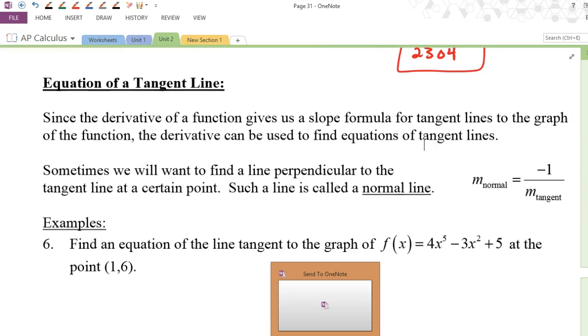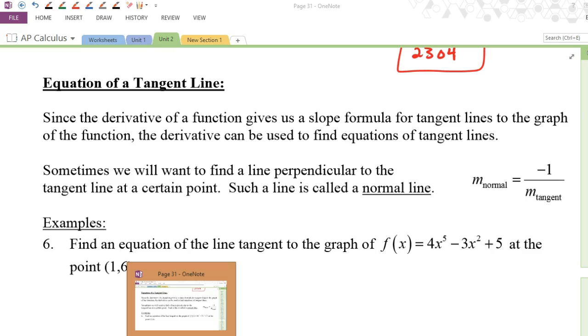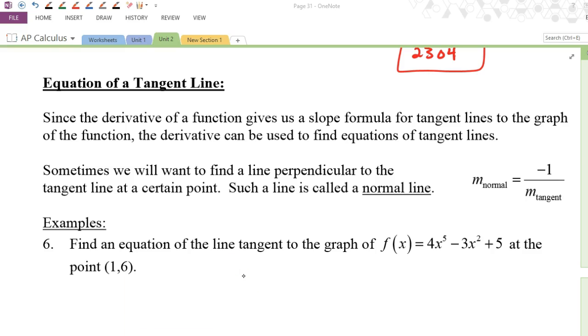All right, so moving down, we have the equation of the tangent line. Since the derivative of a function gives us the slope formula of the tangent line to the graph of the function, the derivative can be used to find equations of the tangent lines. I'm going to write this as a note.